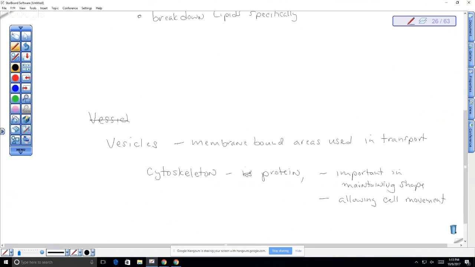But it also is used internally as transport. So it's like a railroad tracks. So it determines how vesicles are going to move. So it's how vesicles move.